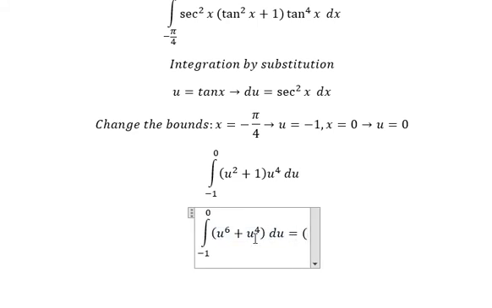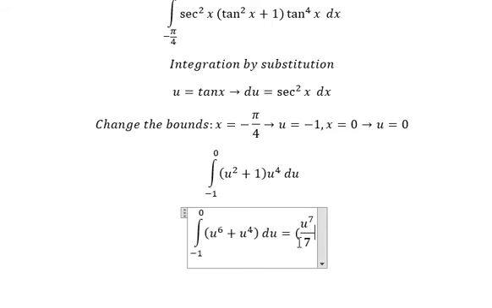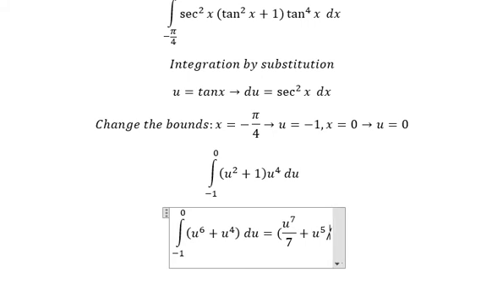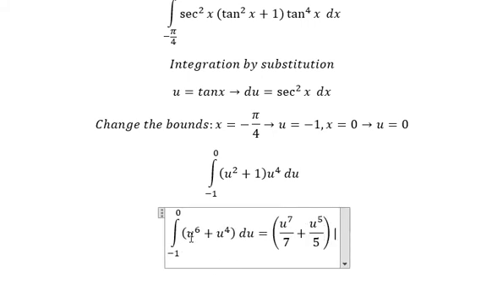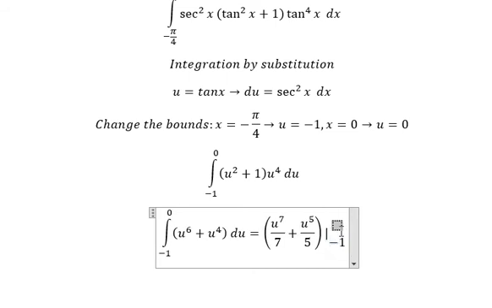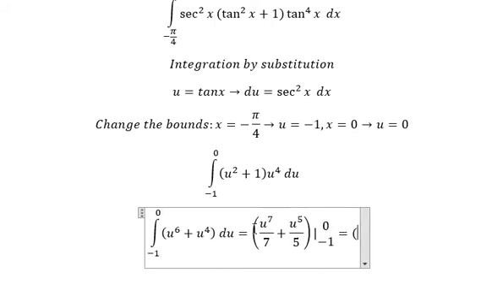The integration of this one, we have u to the power of 7 over 7. This one is u to the power of 5 over 5. And we put the bounds from negative number 1 to number 0. And now we have the final answer.